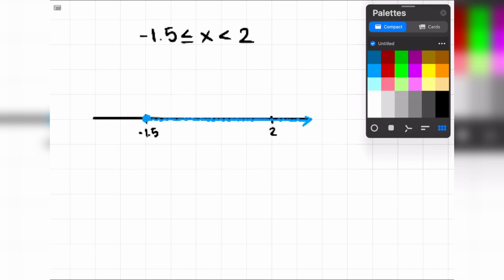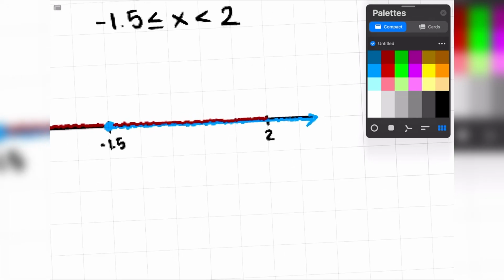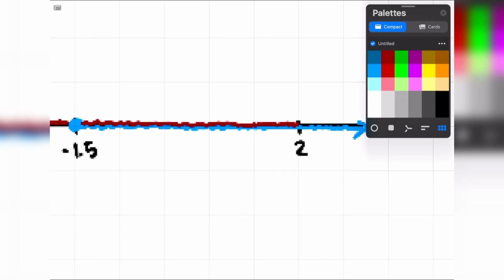So right here. Now, for the other one, x is less than, but not including 2. So, other way, we go this way. x is less than 2, it goes all the way over here. But it's not including. So what do we do here? Here, oh, we fill it in.